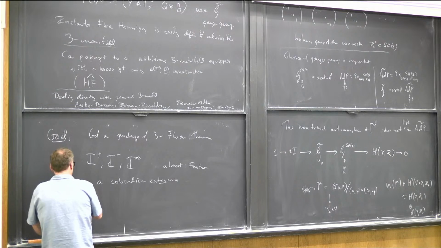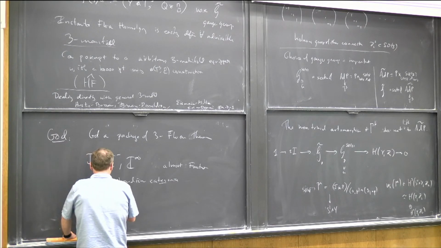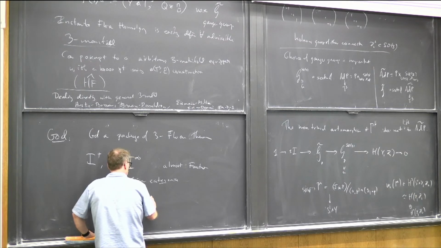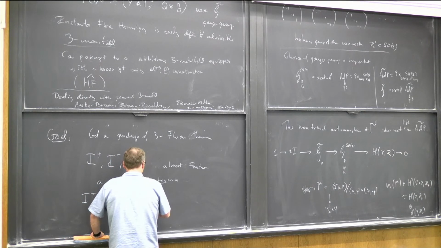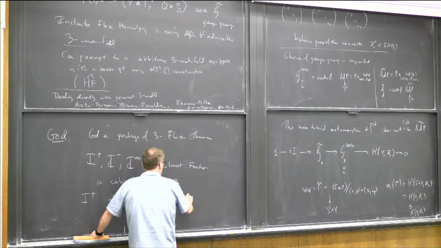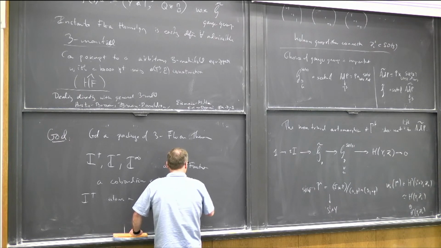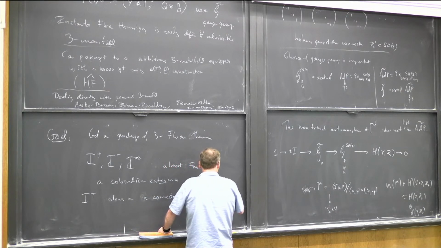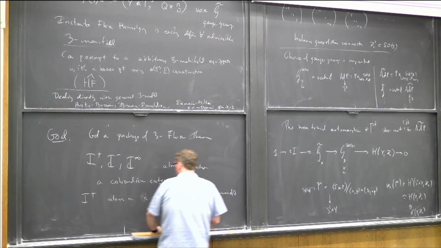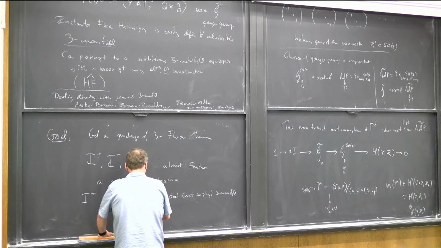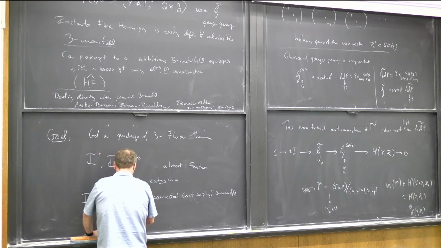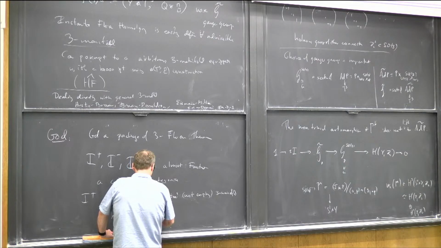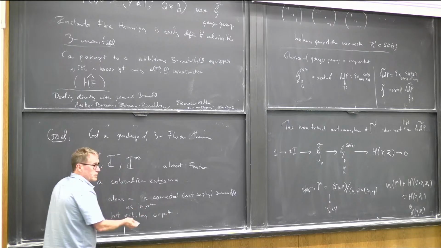So, I plus maybe allows only one connected non-empty 3-manifold as input, I don't know if the empty set is connected, I guess it's connected, but arbitrary output, including empty.